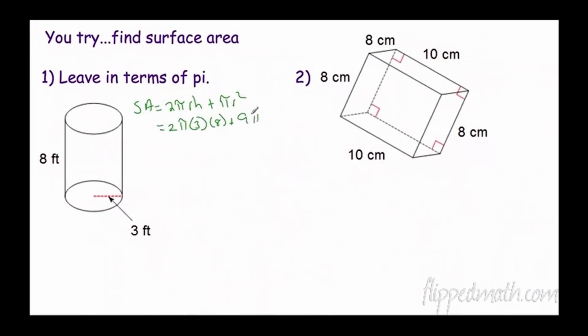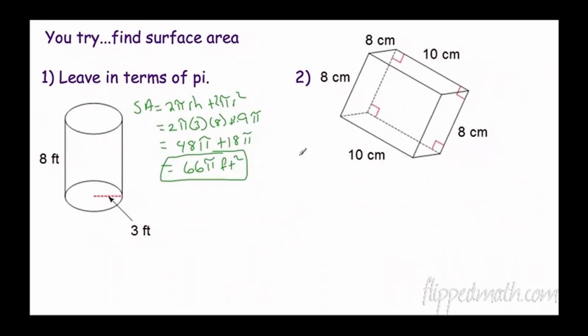So that's 9 pi. 3 times 2 is 6, so 48 pi plus 9 pi. Oh, I forgot this. Times 2. Yeah. So 18 pi. And 48 plus 18 is going to give us 66 pi feet squared. That would be the exact answer. If we wanted to approximate it, we plug it into our calculator and round it.